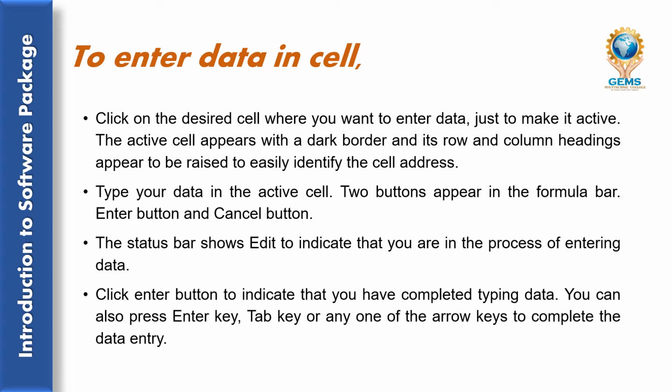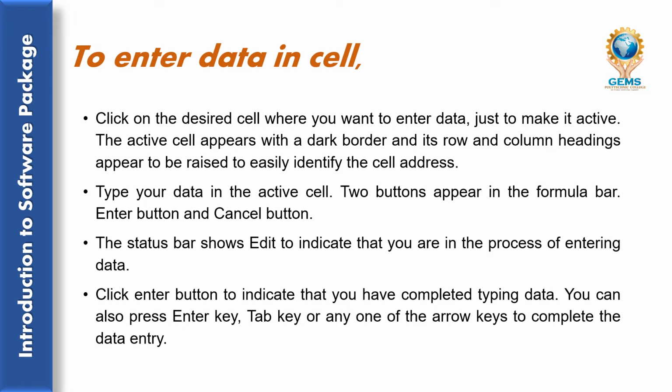How to enter data in a cell? Click on the desired cell where you want to enter data to make it active. The active cell appears with a dark border, and its row and column headings appear raised to easily identify the cell address. Type your data in the active cell.